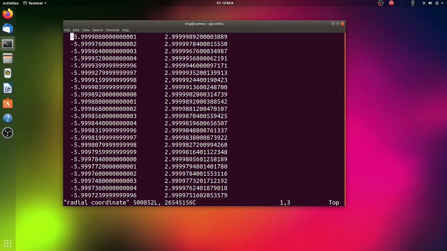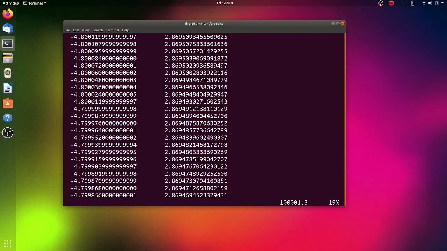Initially, the r coordinate stays close to 3. After 100,000 steps, though, it's down to 2.86. That's still pretty close to 3, but it's noticeably less.